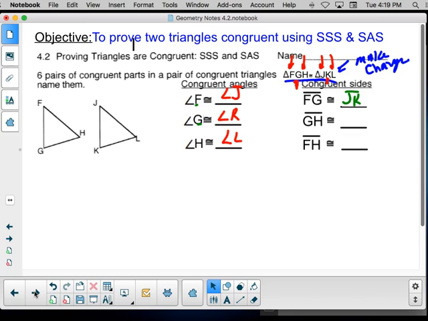GH, okay, GH, KL. All right, and then I've got FH, FH, JL. And those are corresponding parts. So 6 pairs of congruent parts and a pair of congruent triangles. That's a triangle congruence statement, and I was able to line those up.